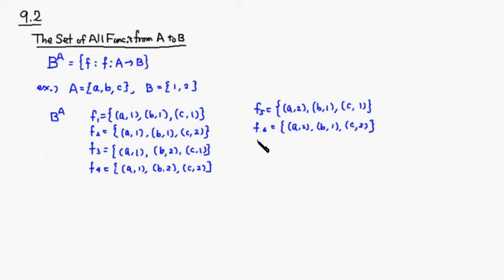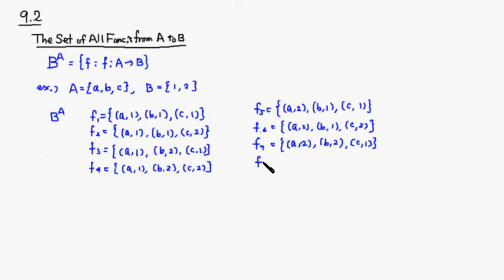Let's make sure that they are in order so that I don't miss anything. So a is mapped to 2, b is mapped to 2, and c is mapped to 1.